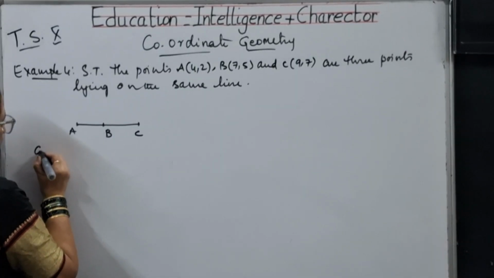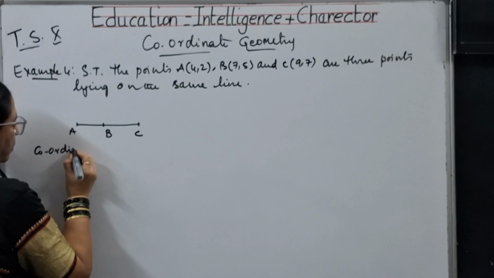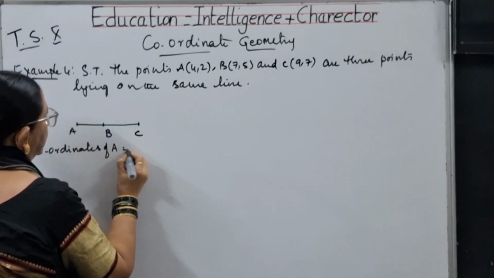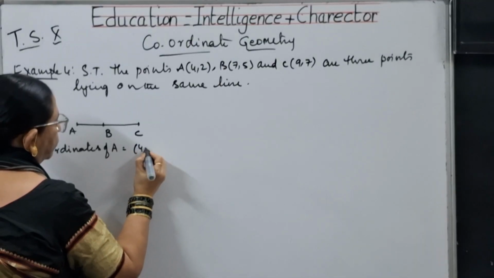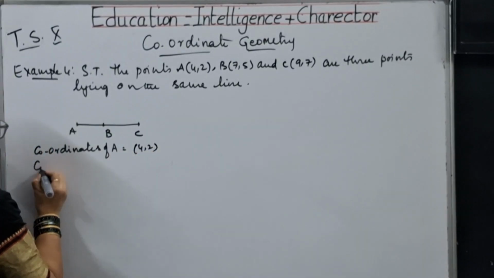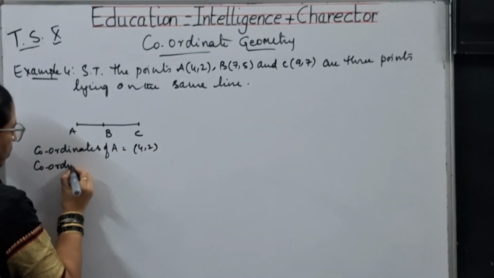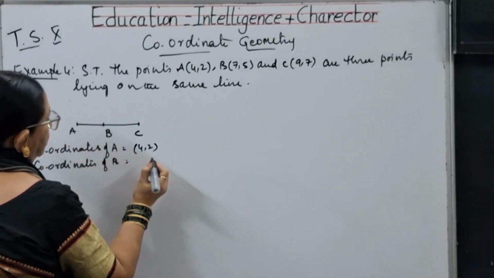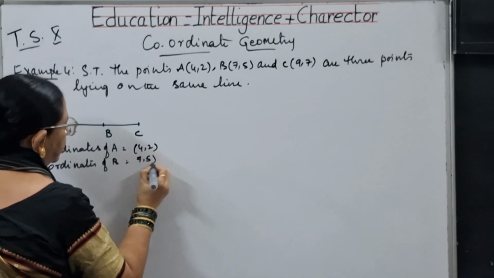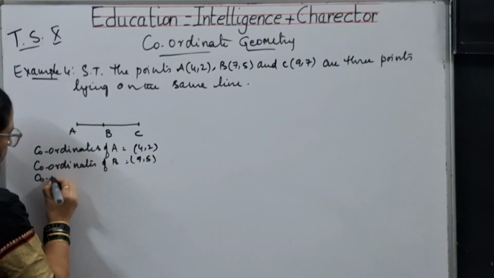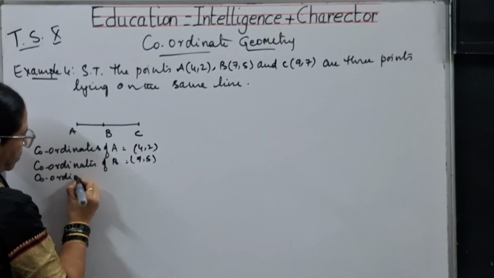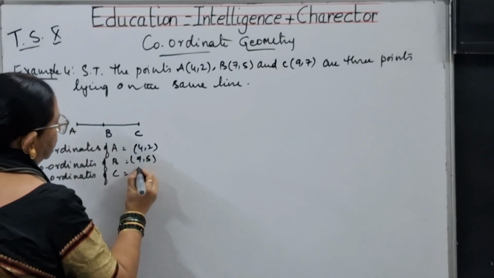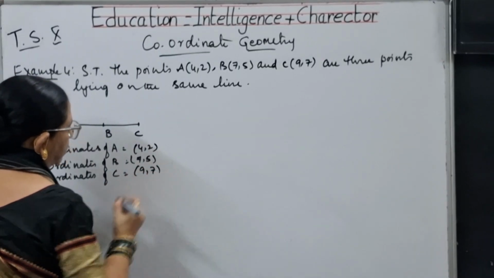So, what are the coordinates they have given? Coordinates of A is equal to (4, 2) and coordinates of B is equal to (7, 5). Coordinates of C is equal to (9, 7).